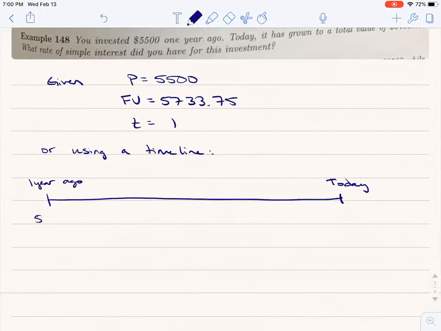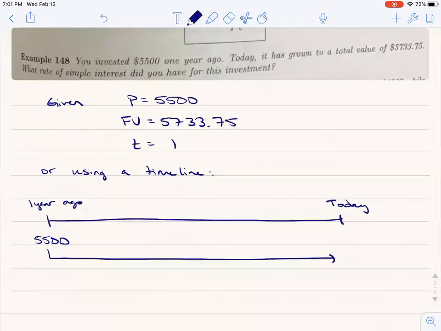You invested 5,500 a year ago, and over that year it grew to an amount of 5,733.75, and T is just 1 year. Even though it's a really simple timeline, it's outlining the same information that we have here. So I'm going to start moving towards just doing a timeline instead.